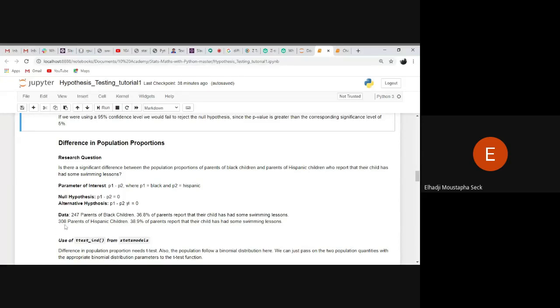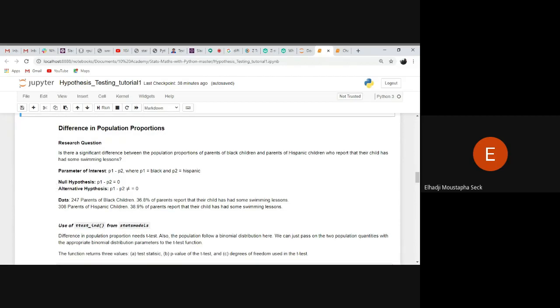And here we have 308 parents of Hispanic children, and this is the proportion given. So P1 is 36.8%, and P2 is 38.9%. The null hypothesis says the two proportions are equal, and the alternative hypothesis says no, they are not equal: P1 minus P2 is different from 0, or just P1 is different from P2.